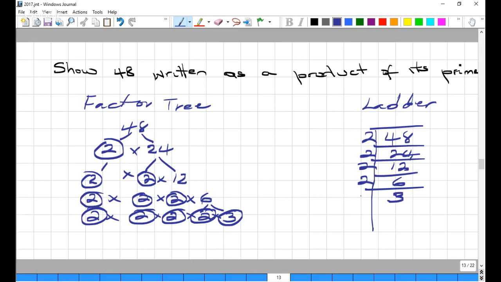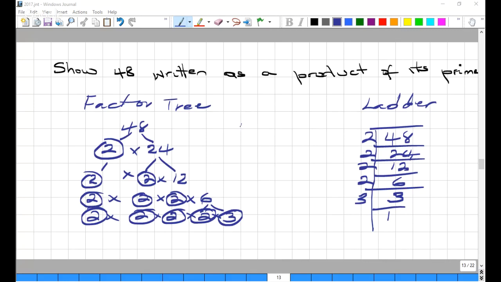And 3 into 3 would go 1. So we end up with the same set of factors: 4 twos and the 3.